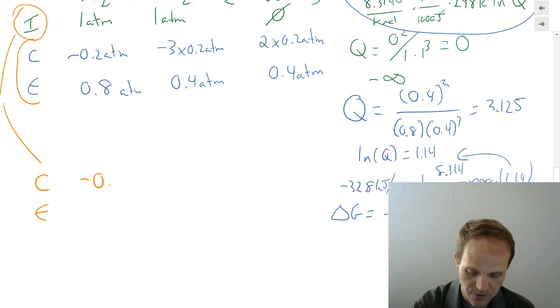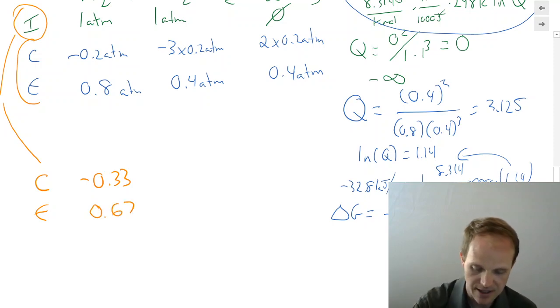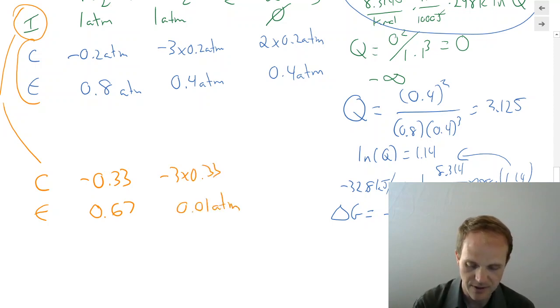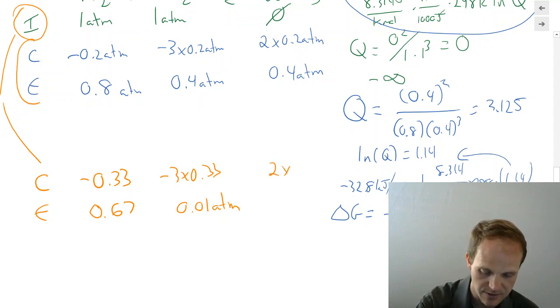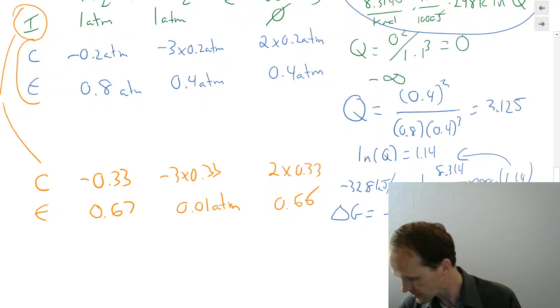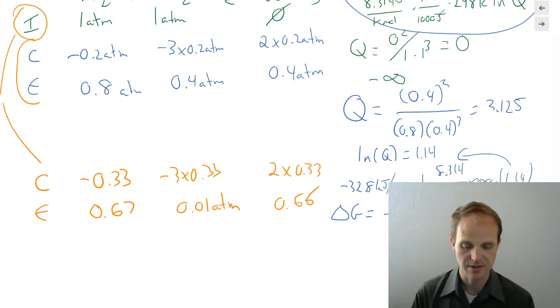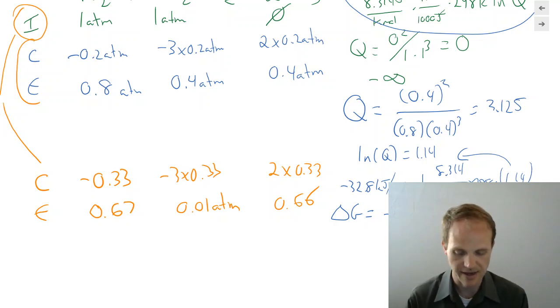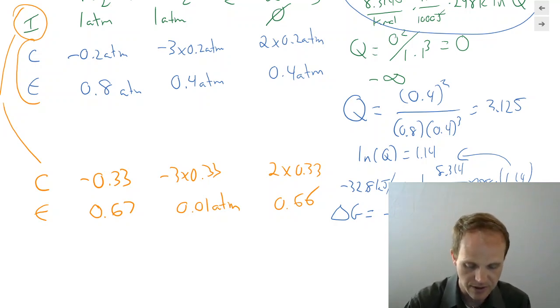And we're going to react 0.33 atmospheres of that, which leaves me 0.67 atmospheres at the end. Minus 3 times 0.33 leaves me 0.01 atmospheres of this one. And this is going to be 2 times 0.33, or 0.66 atmospheres of that one.